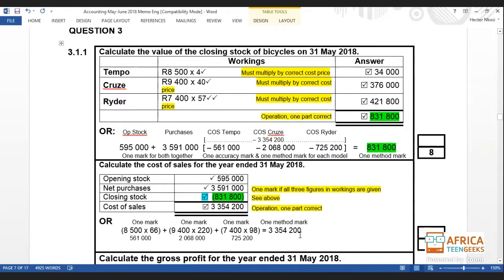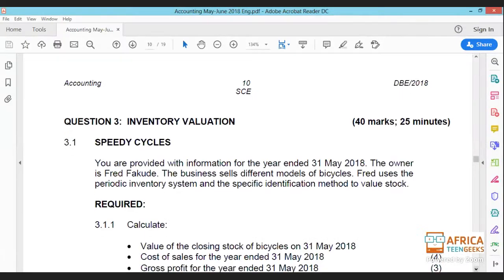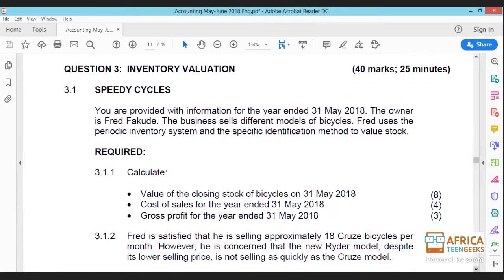Still, you are going to arrive at 3,354,200. This and that answer is the same. So, guys, there are so many ways to kill a cat. At the end of the day, you need to be comfortable with what you are doing and make sure that you understand it, and whatever method you are applying, it won't give you any problem in an exam.